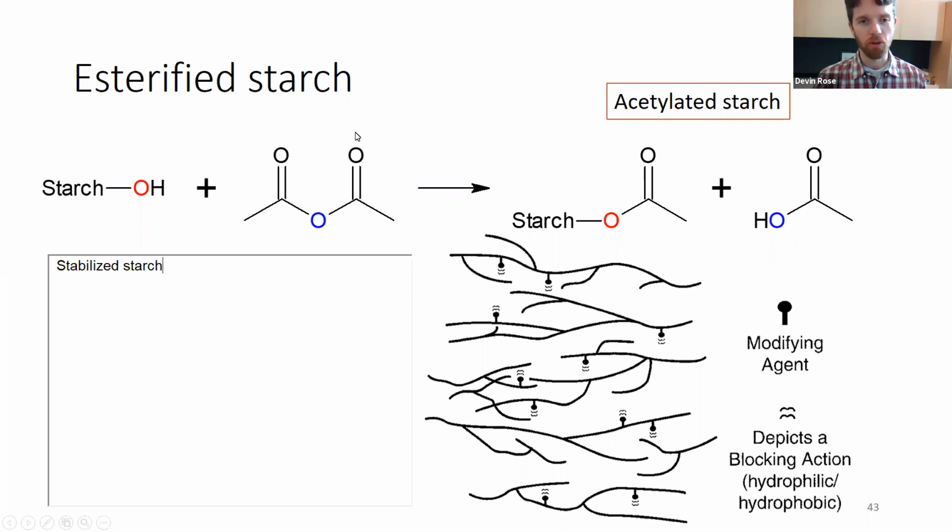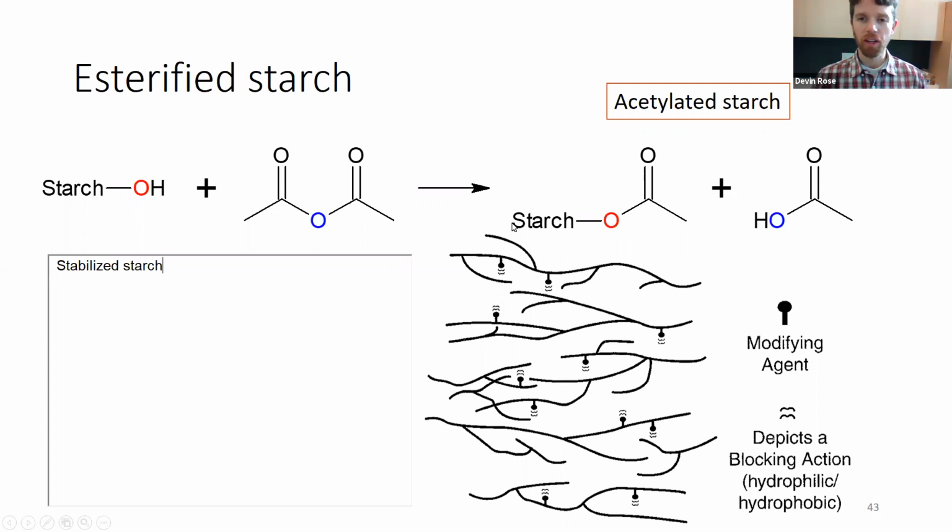This is the anhydride linkage here between two acetate groups. And any anhydride bond is very unstable. It will break down immediately in water. But if we have hydroxyl groups around, it can react with those and form an ester, this ester link here. And then you have another acetate left over.